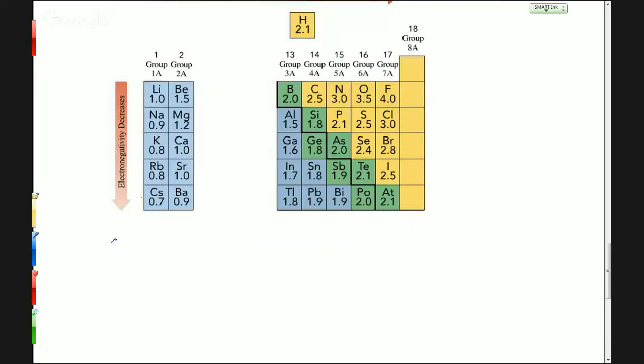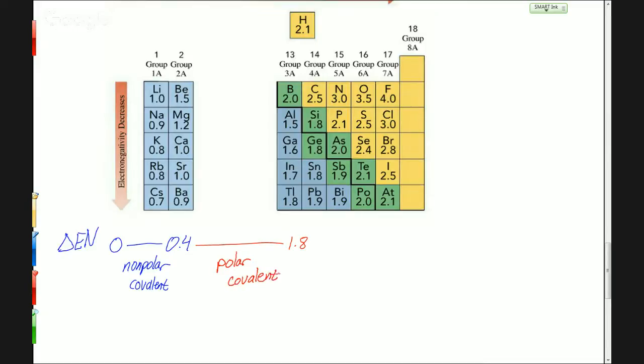But generally, if we calculate the difference in the electronegativity, so we subtract one electronegativity from the other, 0 to about 0.4 difference, we call that nonpolar. 0.4 to about 1.8, we call that a polar covalent bond. And then above 1.8, we call that ionic.